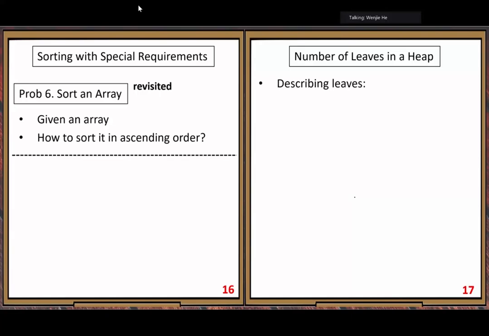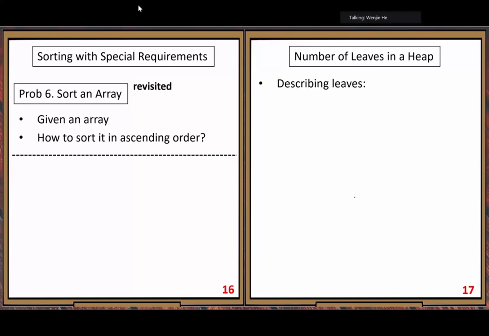First, how to describe leaves? We need some formula to describe leaves. Given an array, if you know the array size, the number of nodes in this array, then if we also have the index number, the position number for one particular element, the question: can we find if this node is a leaf node or not?